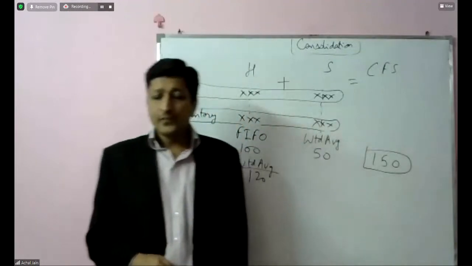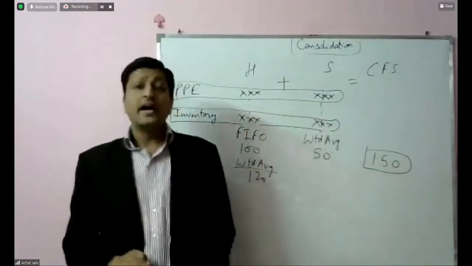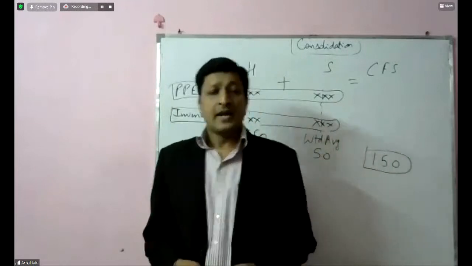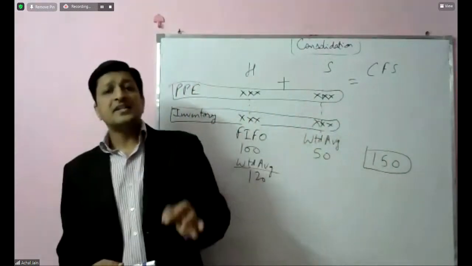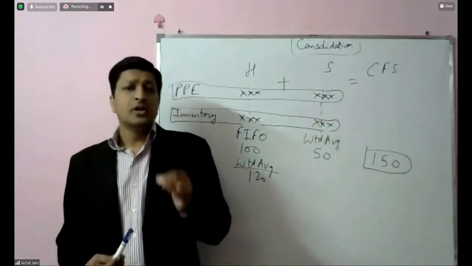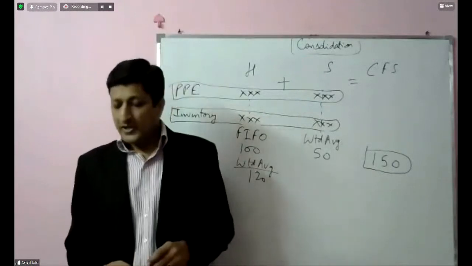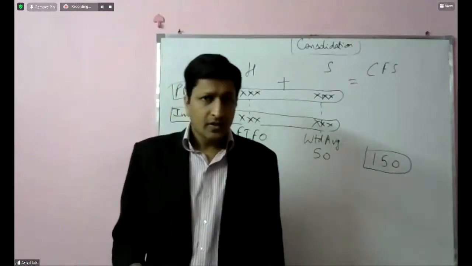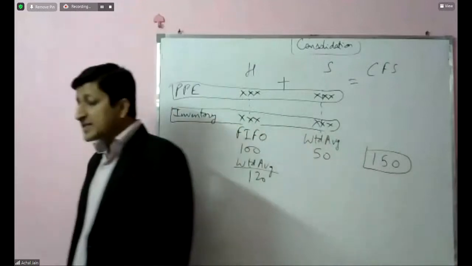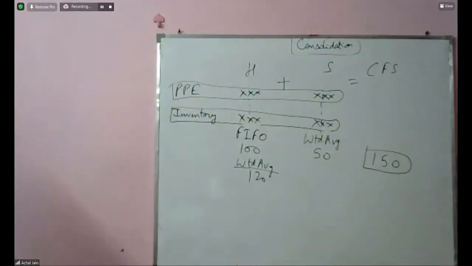Unless it is impracticable to do so. And here again, the reasons for not doing so should be given in the financial statements. Unless it is impracticable, this should be done.